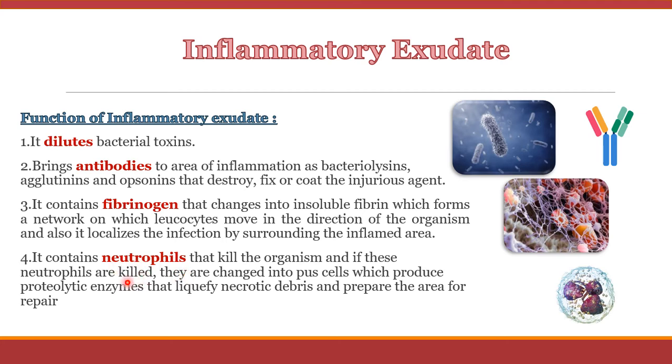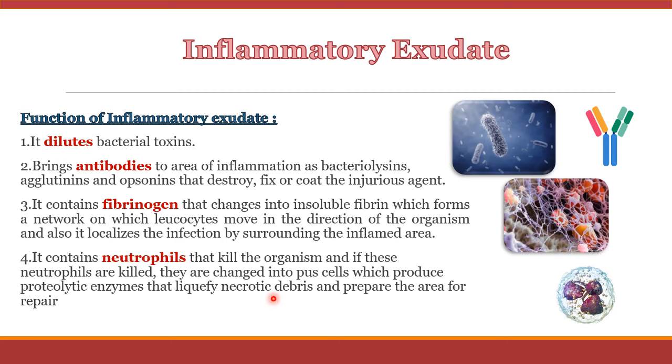And after the organism is killed, this will also affect the neutrophil, and the neutrophil will be very exhausted and will eventually be killed also. So it will change into another cell called a pus cell. This pus cell is going to produce some enzymes to make the tissues around the inflammatory area necrotic or dead, and prepare the area for repair.